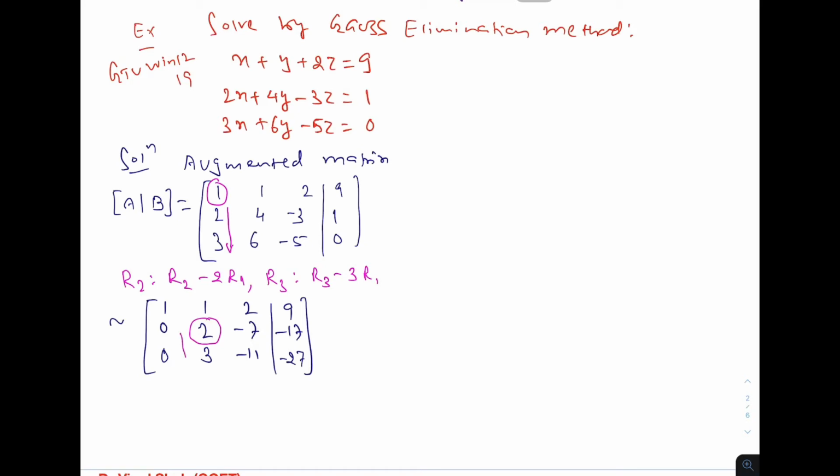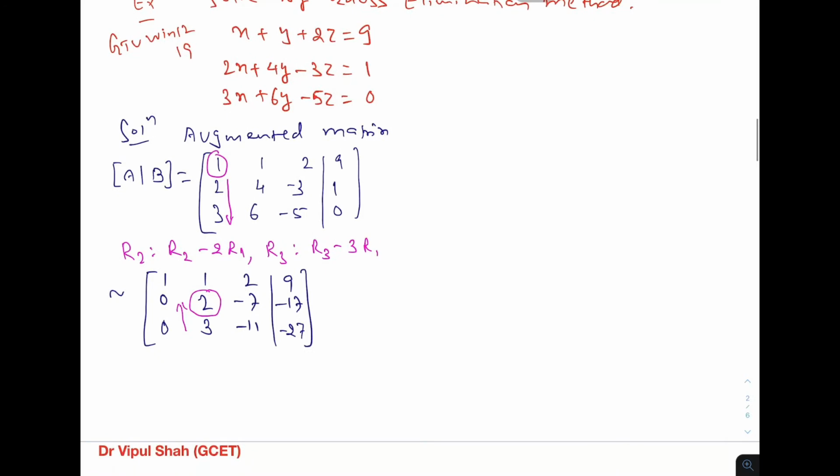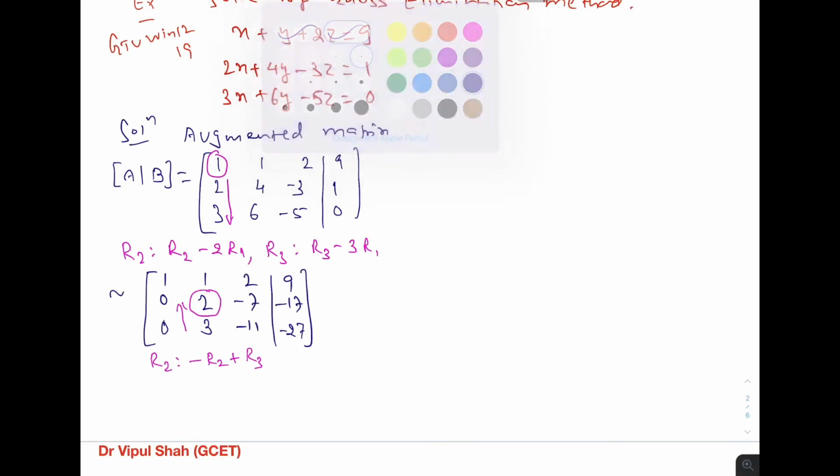So we can use the third row to make this entry 1. That's not difficult. So we apply minus R2 plus R3, so that we have 1 here.